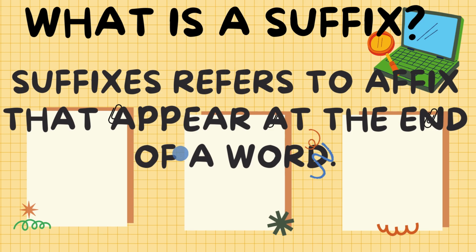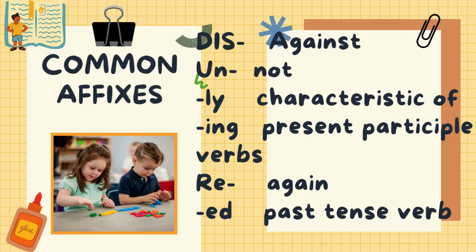Let's look at some common affixes. The first one is anti, which means against. For example, anti-war. Let's take a look at un, which is not. For example, unsafe. Let's take a look at ly, characteristic of.